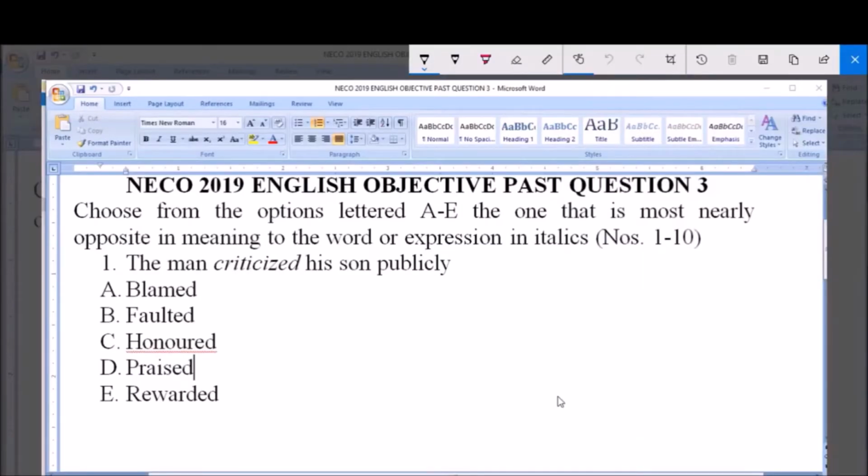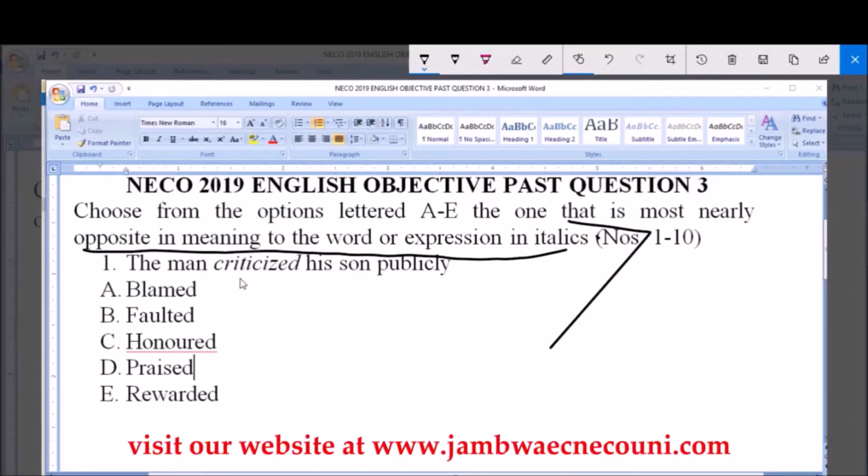Welcome. This is Neco year 2020 English Objective Past Question number 3. The instruction says we should find the word that is most nearly opposite in meaning to the word in italics, and the word italicized here is criticized.